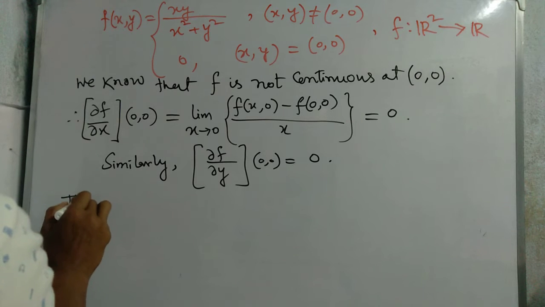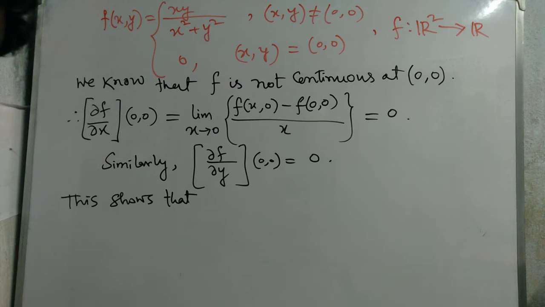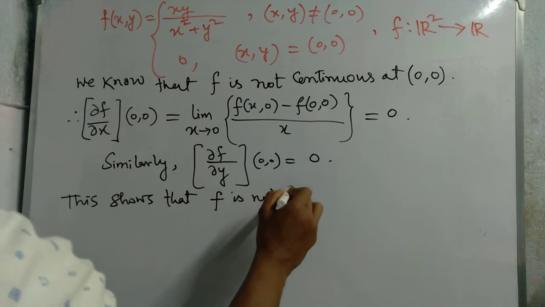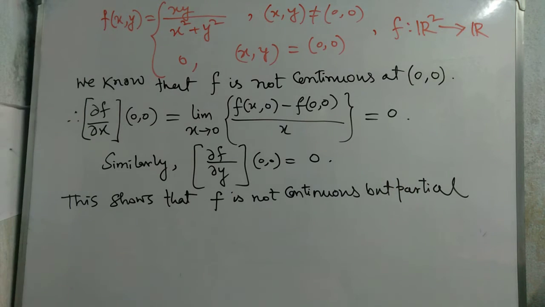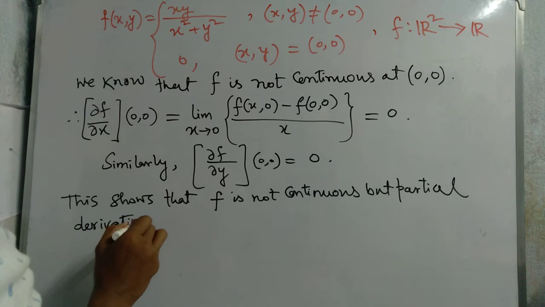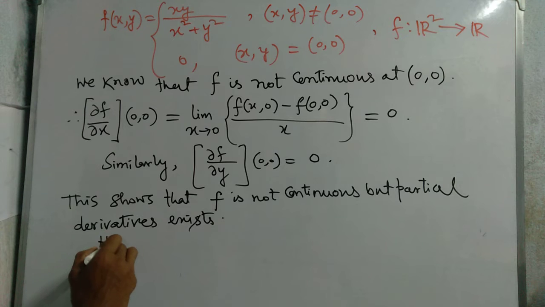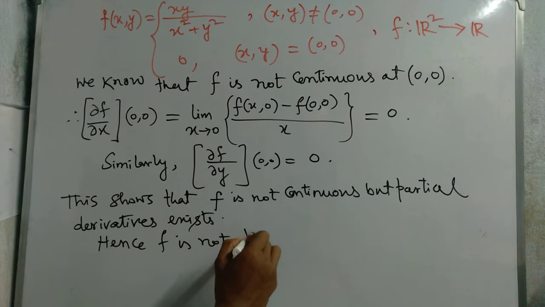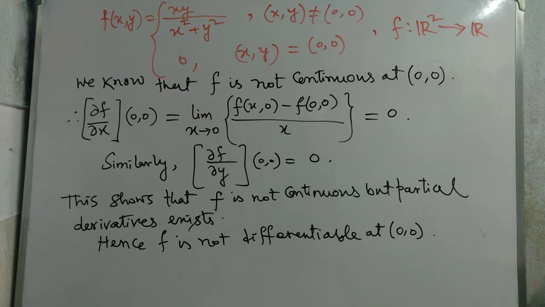This shows that f is not continuous, but partial derivatives exist. From the above theorem, f is not differentiable at (0,0). Hence f is not differentiable at (0,0). So f is not continuous but partial derivatives exist, but f is not differentiable at (0,0).